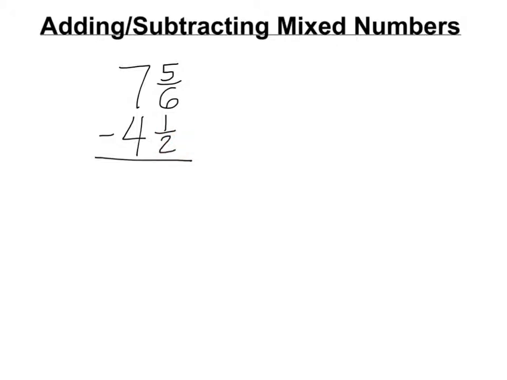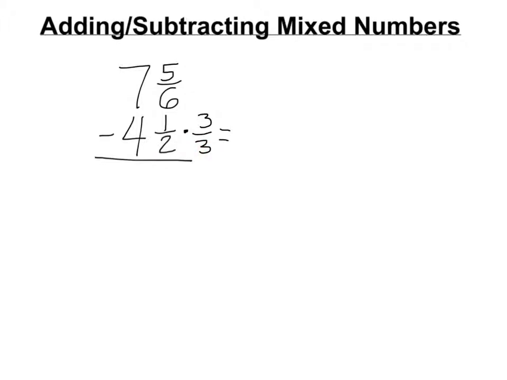Well, this time it's a little bit special, because I can take 2 and multiply it by 3 to turn it into a 6. But this guy up here already is a 6. So I'm actually just going to leave him alone. But the bottom one, we're going to have to multiply by 3 over 3 so that this becomes a 6.